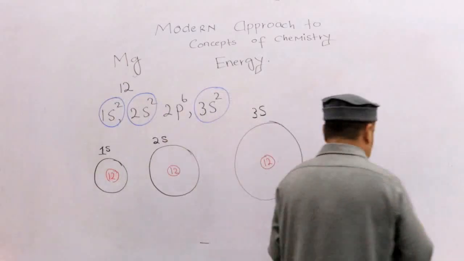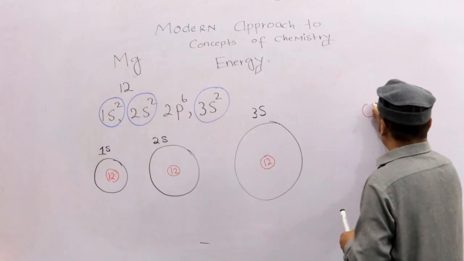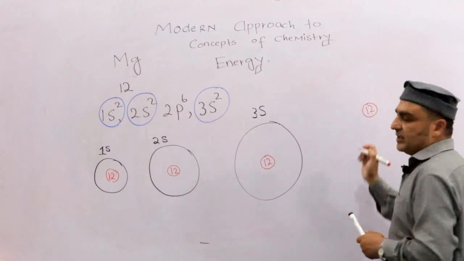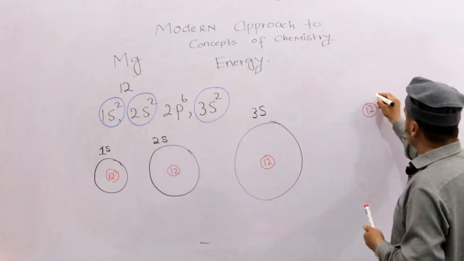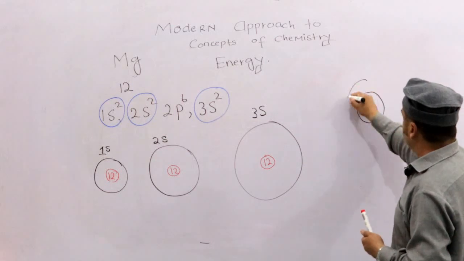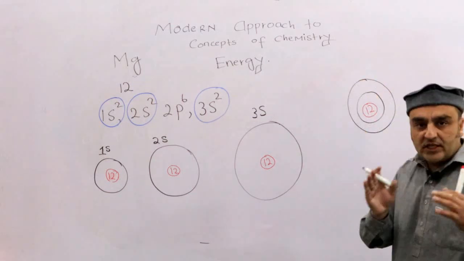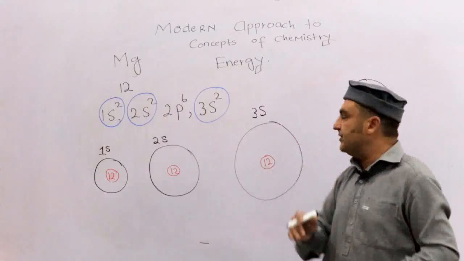So let me draw those orbitals a little bit in combined form so that you understand it. Suppose this is a nucleus of magnesium, it has 12 protons present. This is the 1s orbital, this is the 2s orbital. These are not shells, I am drawing the orbitals on one another.